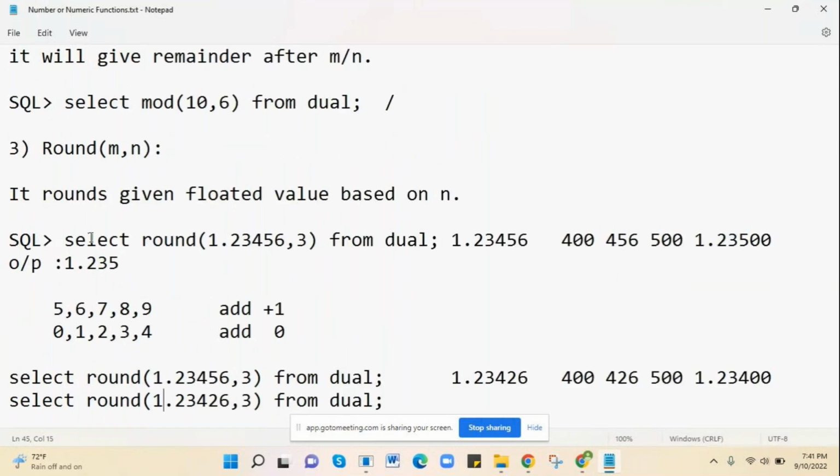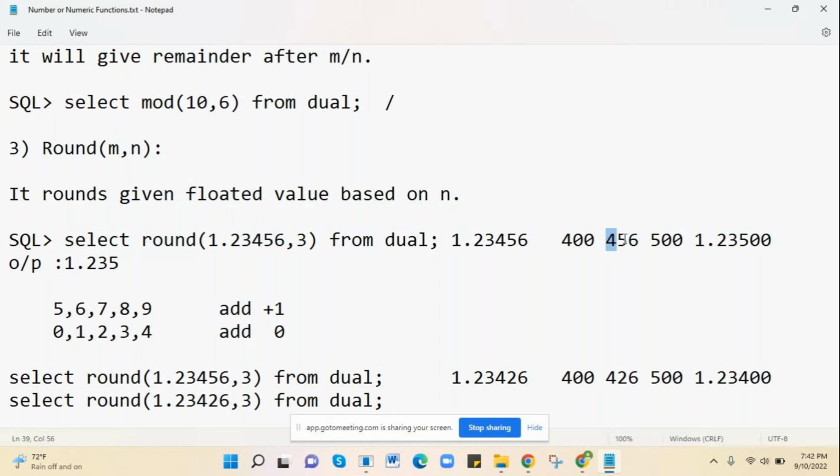Next is ROUND. It rounds the given floating value. For example, I want to round 1.23456 to position 3. This is the first position, second position and third position. What is the third position? 4. So I want to round 4, so we have to take the complete value 456.